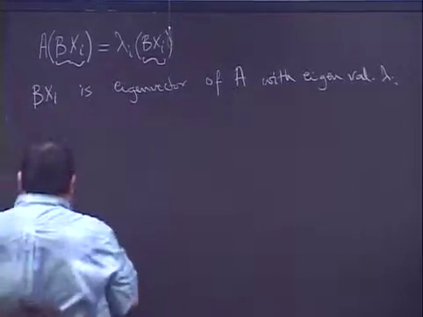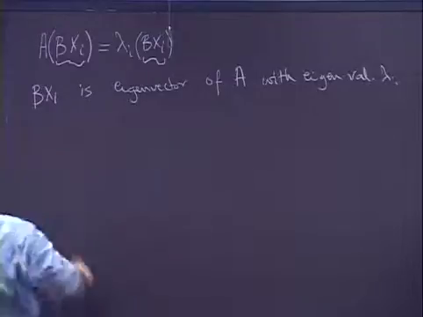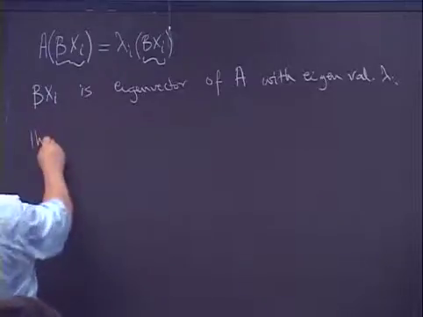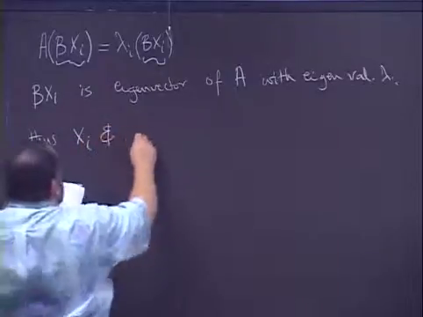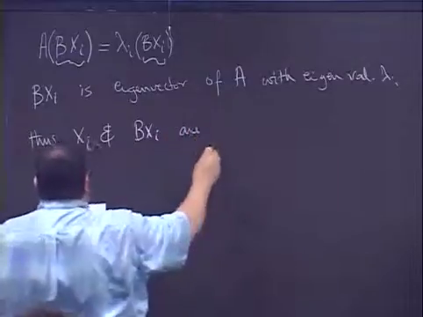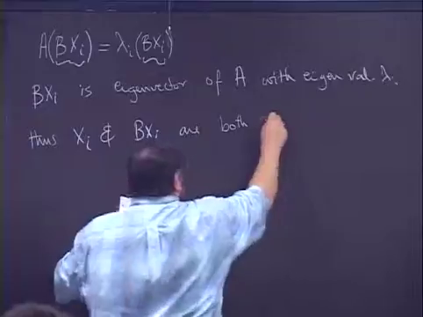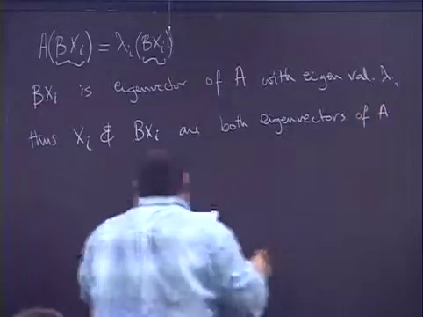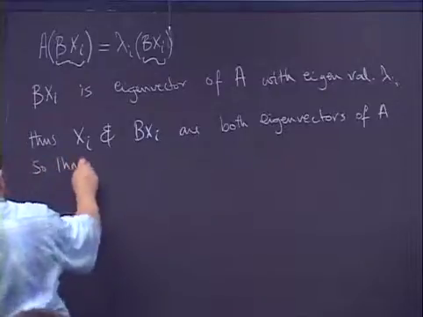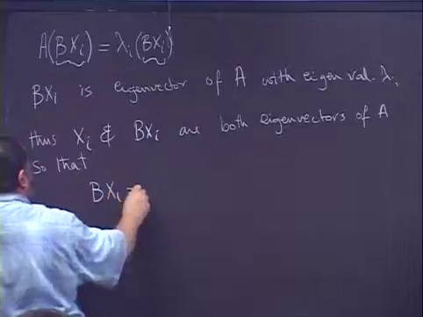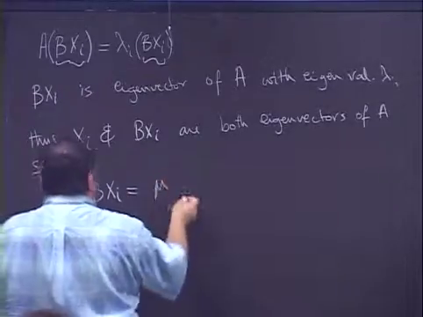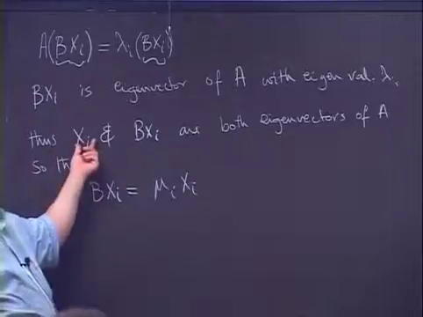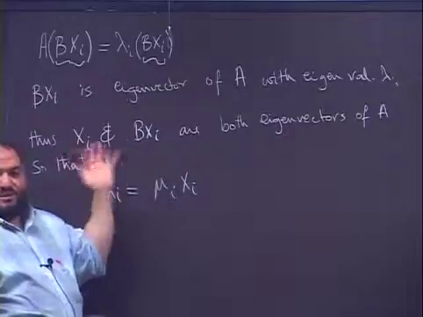So in this case, Xi and B Xi are both eigenvectors of A, so that B Xi will just be equal to some constant multiplied by Xi, because those are eigenvectors for A, yes, and they have to be correlated in some way or another.